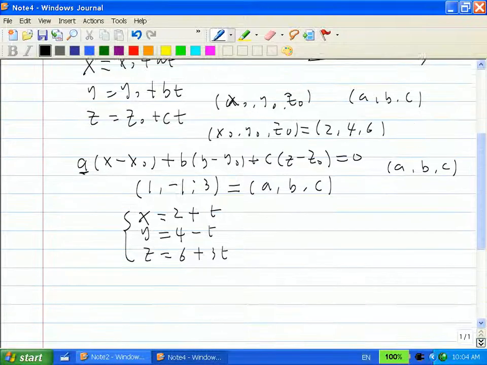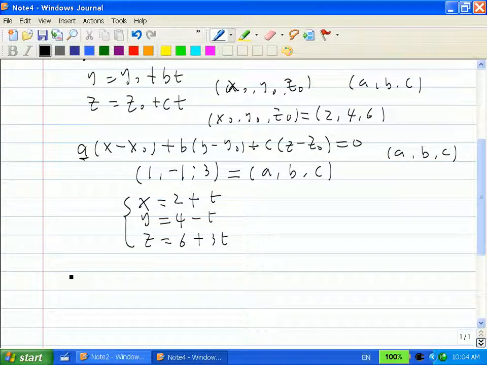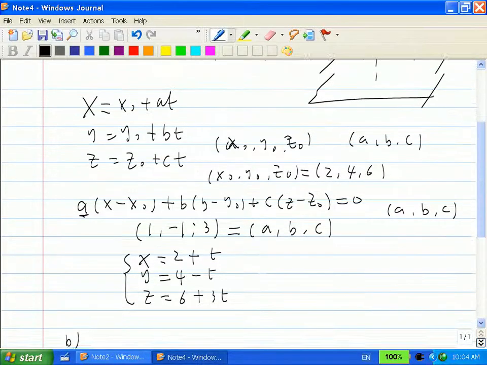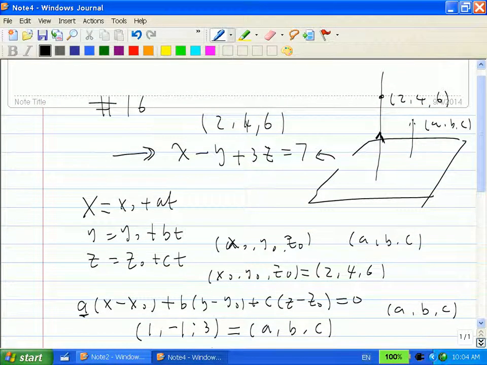Now let's do the second part, part B. We are looking for the intersection point of the line and the plane. What do we mean by the intersection of the line and the plane? That means this point must be on the line and, at the same time, must be on the plane.